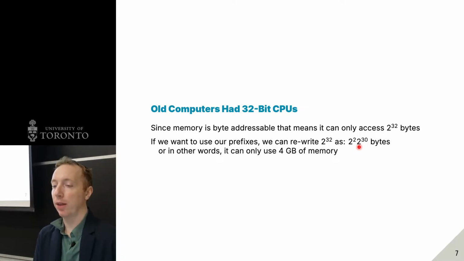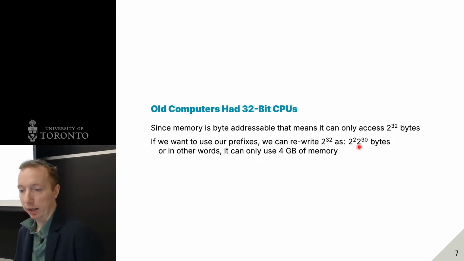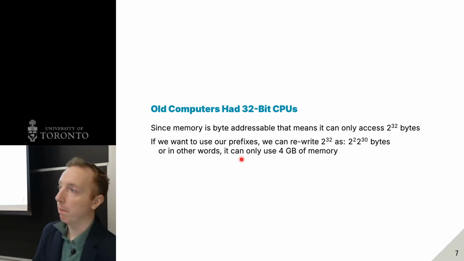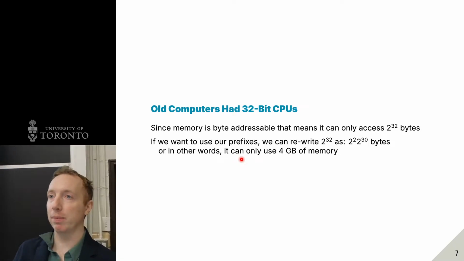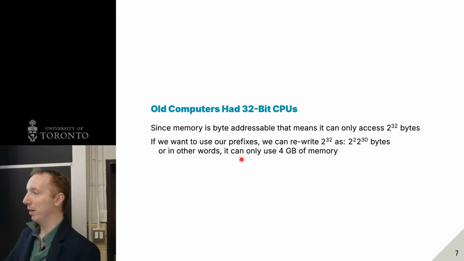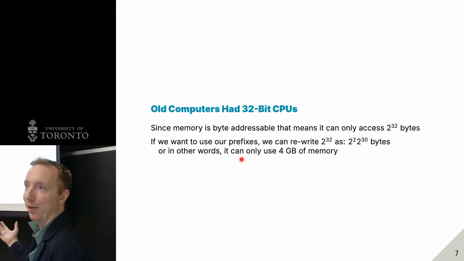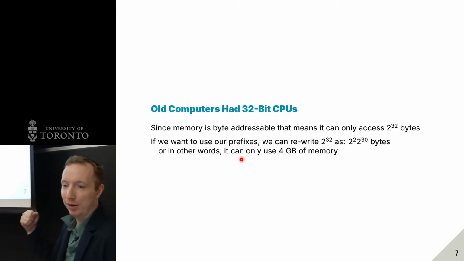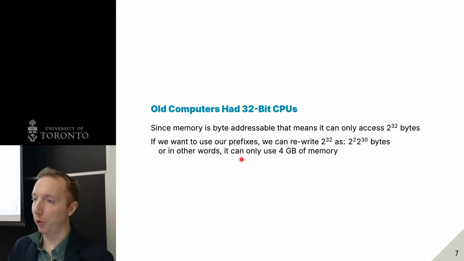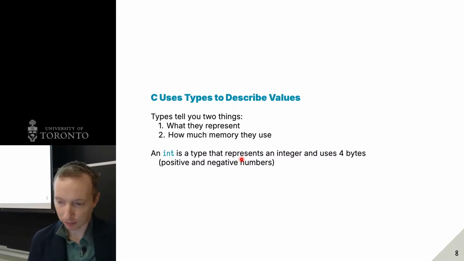And we now know that 2 to the power of 30 is a gigabyte. So in other words, back in my day, the old systems could only use up to 4 gigabytes of memory. Does anyone have 4 gigabytes of memory or less right now? Probably no one, right? So you couldn't use these old CPUs because they couldn't actually use all the memory you have on your systems nowadays.